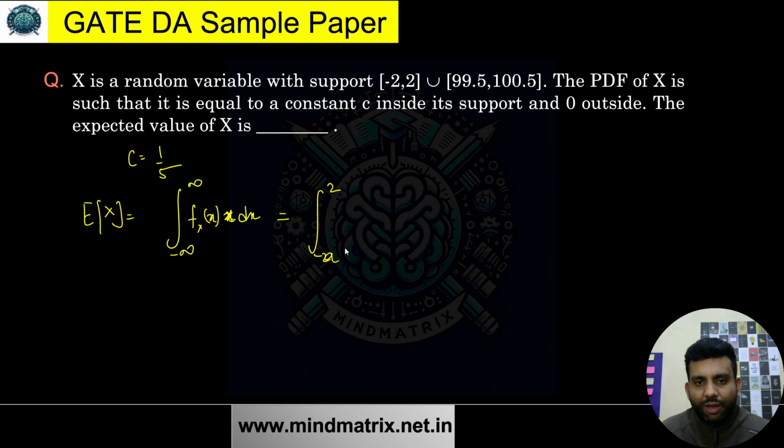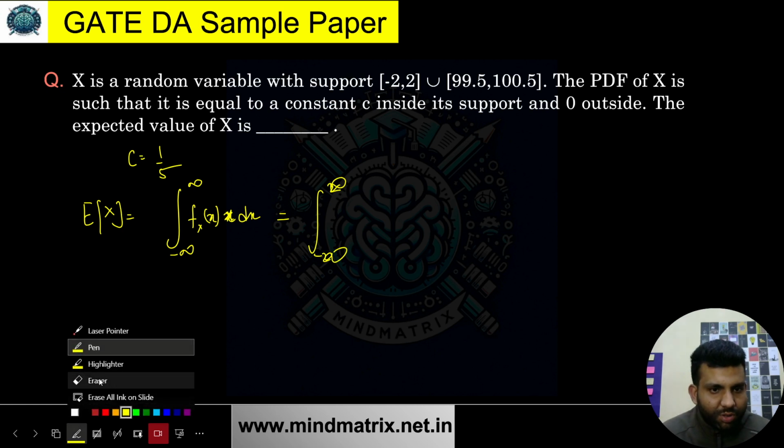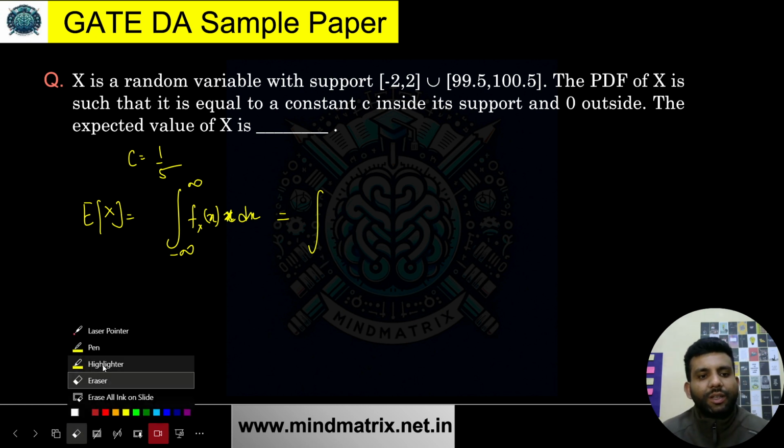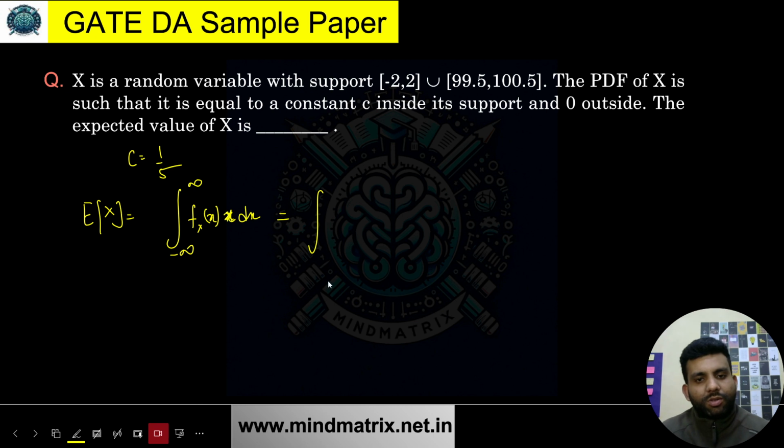So I'll be just writing this thing. Let me just write it again, minus infinity to infinity. Oh sorry, I should not be writing that, because that's not the value of c within minus infinity to infinity. That is only within the given range I have. So I'll just write minus 2 to 2, then c, because within that the value is c only, then x dx.